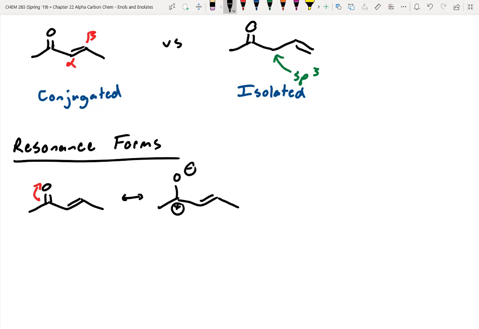Have a positive charge right there. And then the next one, we can move that pi bond over. And we can get 3 major resonance forms here, right?